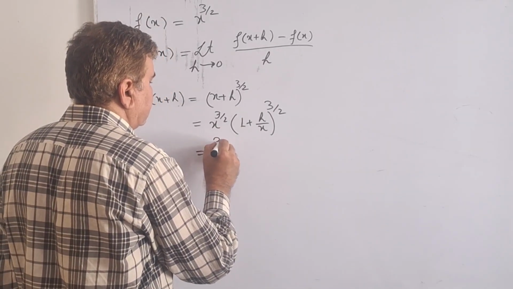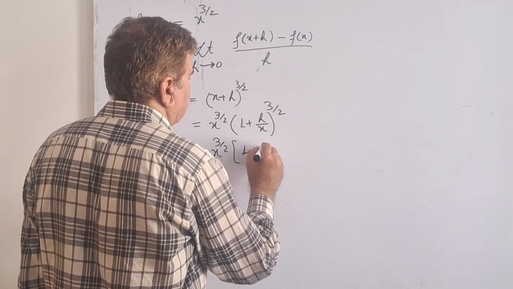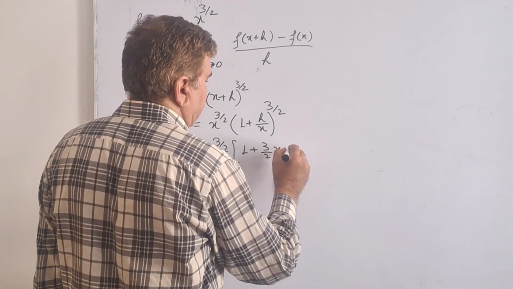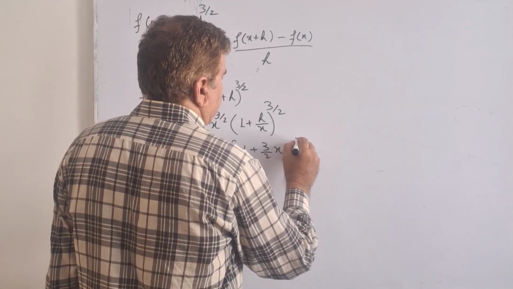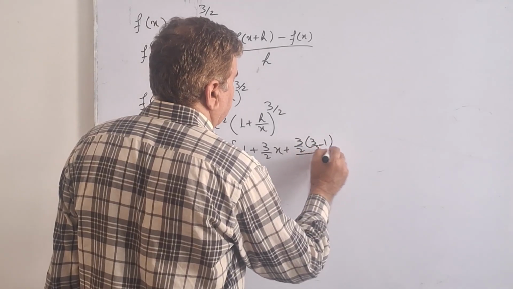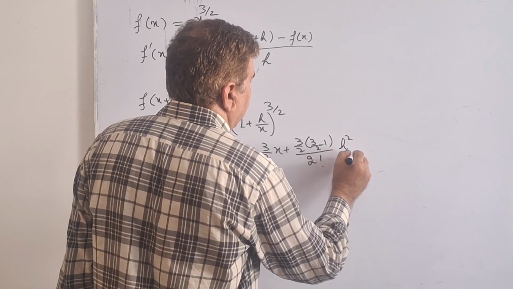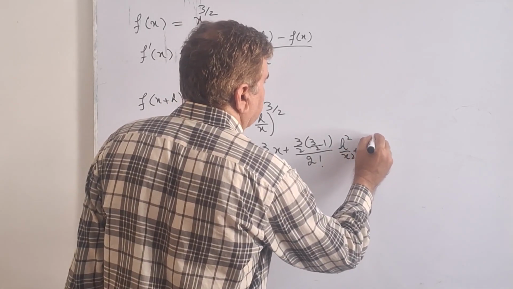I can write this as x power 3 divided by 2 into 1 plus 3 divided by 2 times h over x plus 3 divided by 2 into (3 divided by 2 minus 1) divided by 2 factorial into h squared divided by x squared and so on.